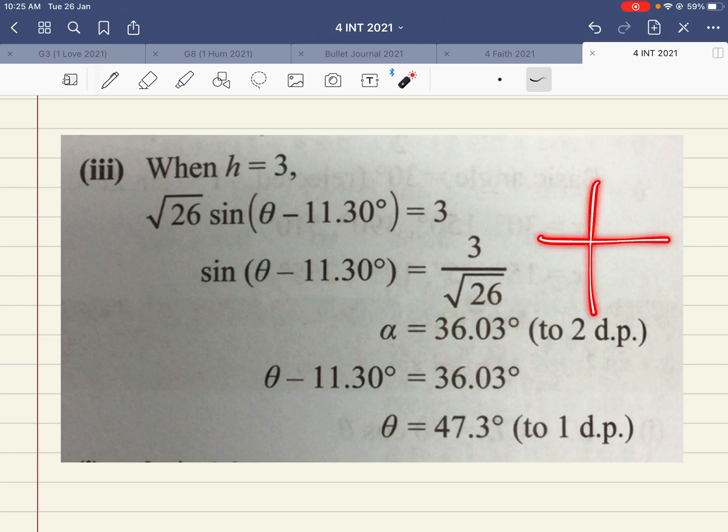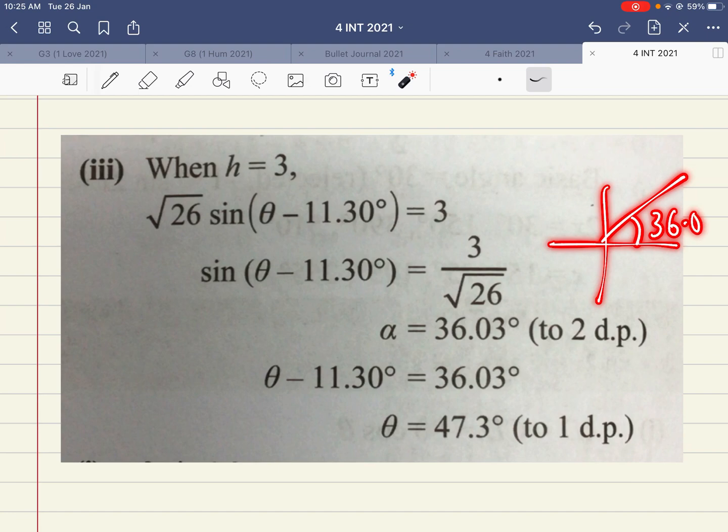So by ASTC, it should occur in the first quadrant, because sine is positive, so it's either the first quadrant or the second quadrant. In this case, we use the first quadrant angle. We found that my theta value is 47.3 degrees.